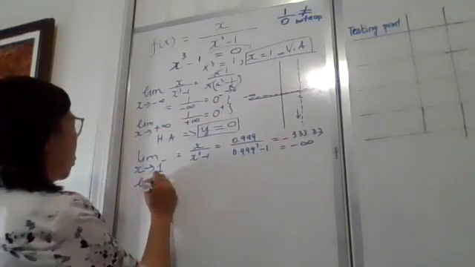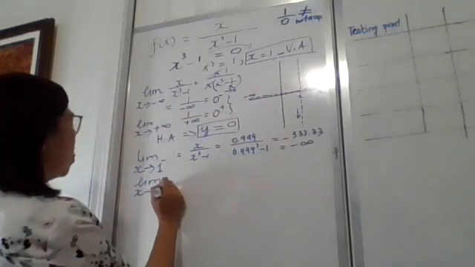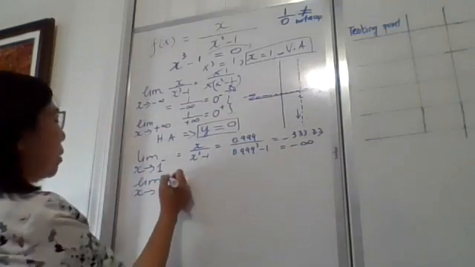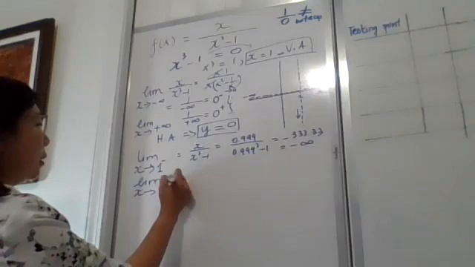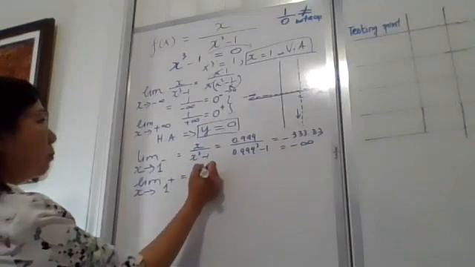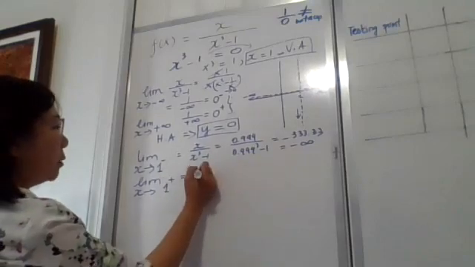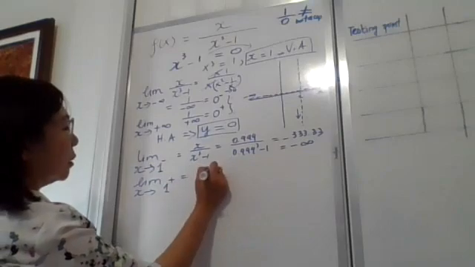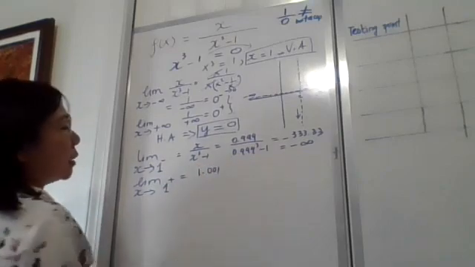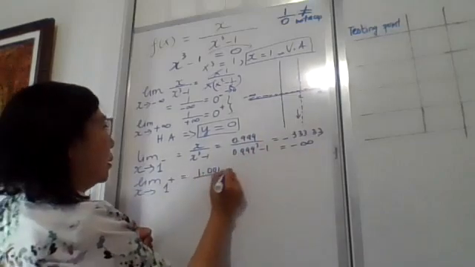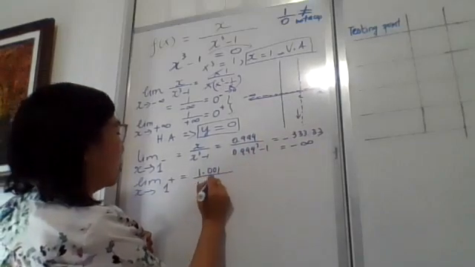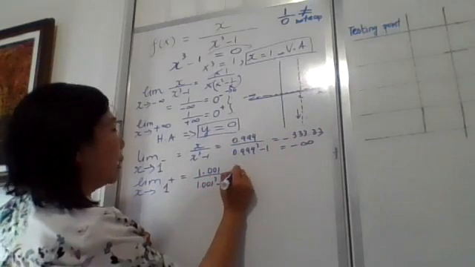Now we do the same, take the limit when x approaches 1 on the right-hand side. We will have the same thing happen, but this time we substitute 1.001, slightly more than 1, a little bit on the right-hand side, divided by 1.001 to the power 3 minus 1.